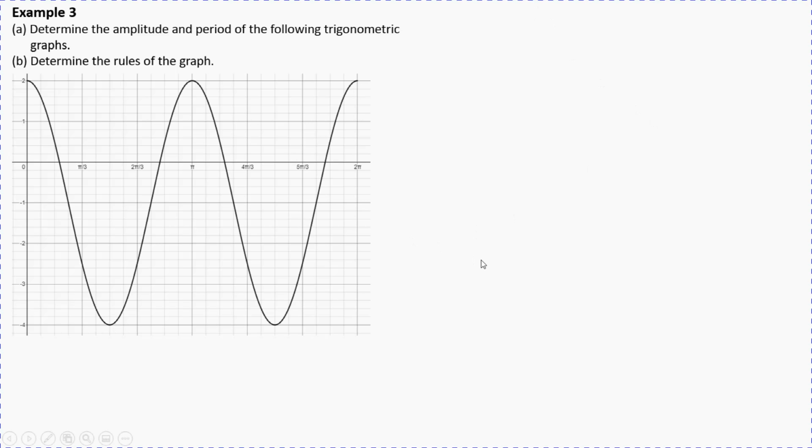So how can we find the middle line? You can see the highest point is 2 and the lowest point is -4 in terms of y coordinates. So the horizontal middle line is (2 plus -4) divided by 2, which is -1.